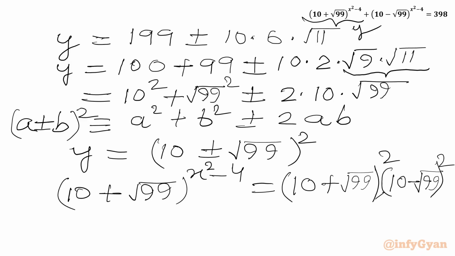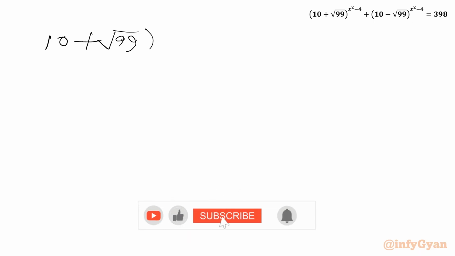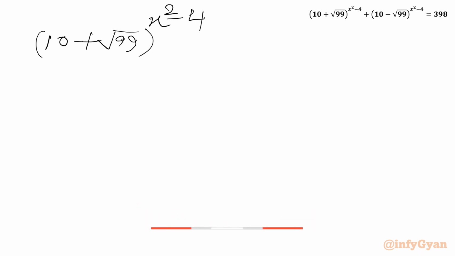So we have two equations. We have to solve both the equations. Let me write first equation. So I will write here 10 plus root 99 whole power is x square minus 4. This will be equal to 10 plus root 99 whole square.